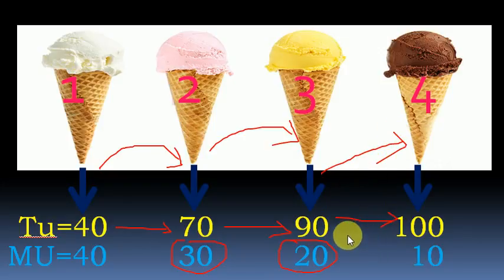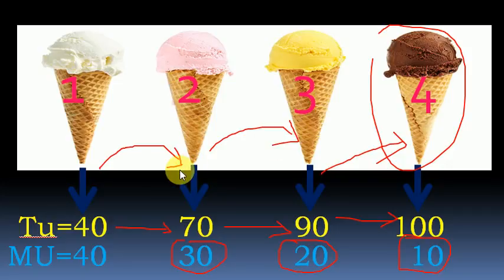Here the change in total utility is 10 utils, so 10 utils is the marginal utility of the fourth ice cream. Here we can say that the marginal utility decreases as consumption of ice cream increases. It is due to the law of diminishing marginal utility, and we will study about this law in the next video.